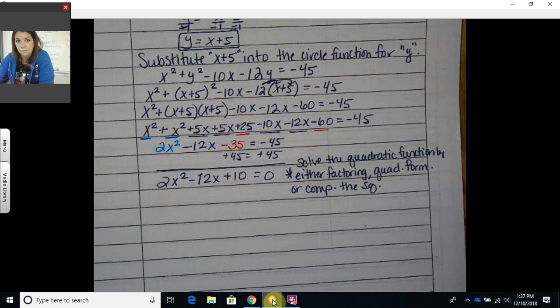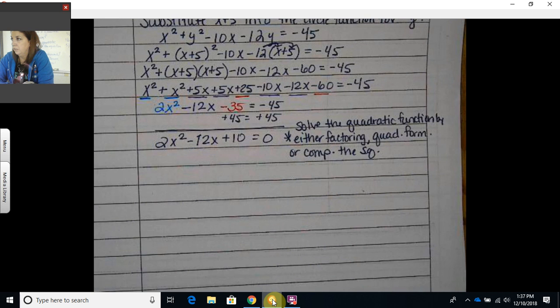If you're not going to remember what those abbreviations are, just write the whole word down. So I'm going to try factoring first, and if that doesn't work, then I'd probably go with the quadratic formula.